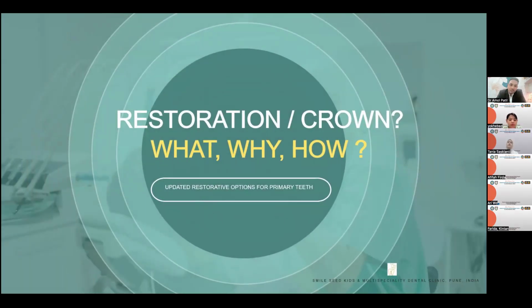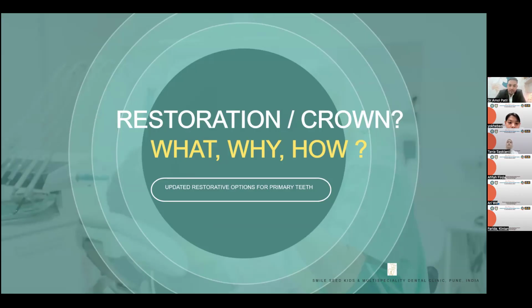Now, there is again a question about what, why, and how. What means what type of restoration we are going to choose. Because of the advent of technology, there are possibilities of 3D printed restorations or indirect restorations. Are we going to go ahead with that or with direct restorations?